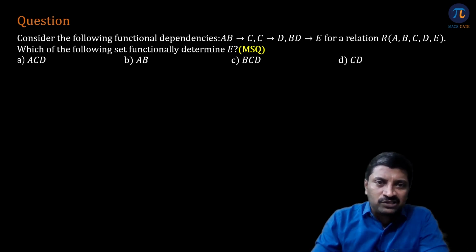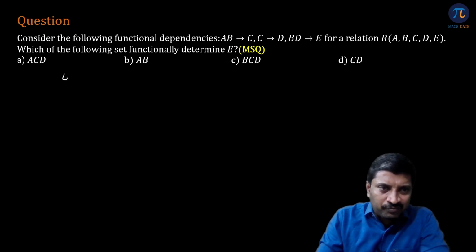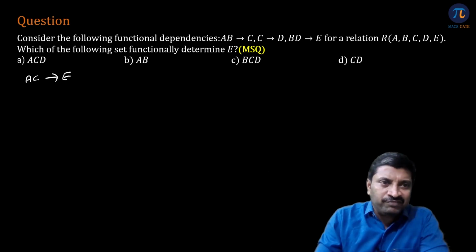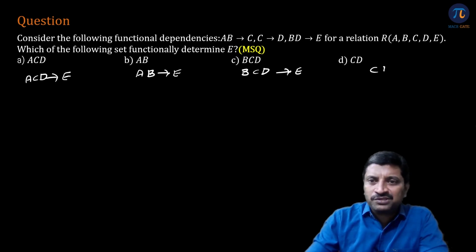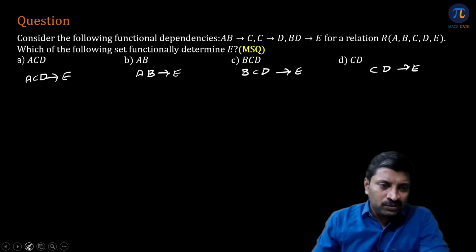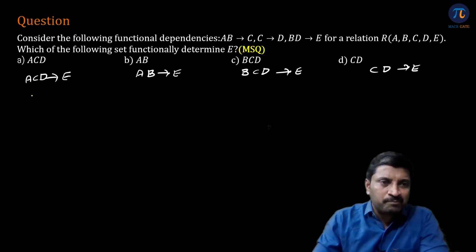That means we need to verify which of these options imply E. I need to verify whether ACD implies E holds or not, whether AB implies E holds or not, the third option is BCD implies E, and the last option is CD implies E. Okay, and please observe it, sir. It is an MSQ. So let us try the options.